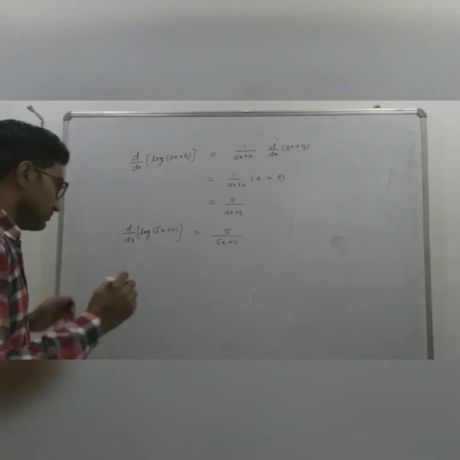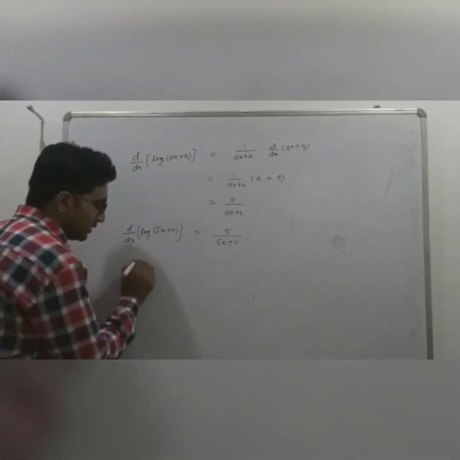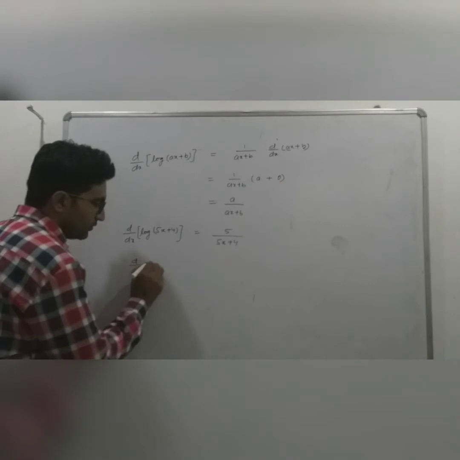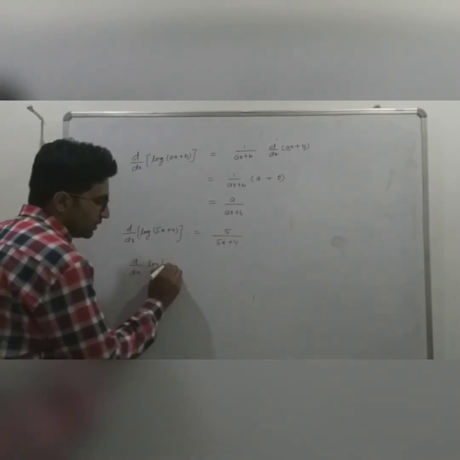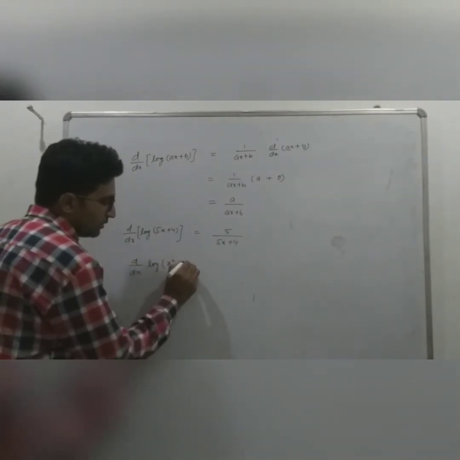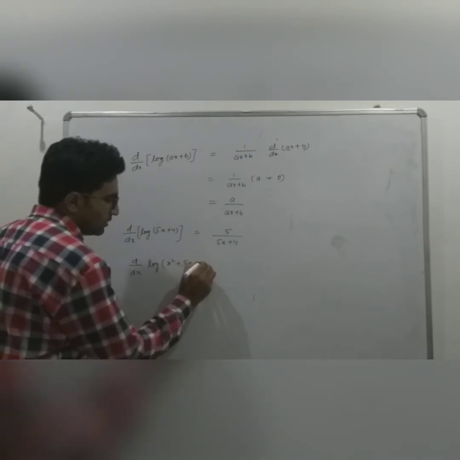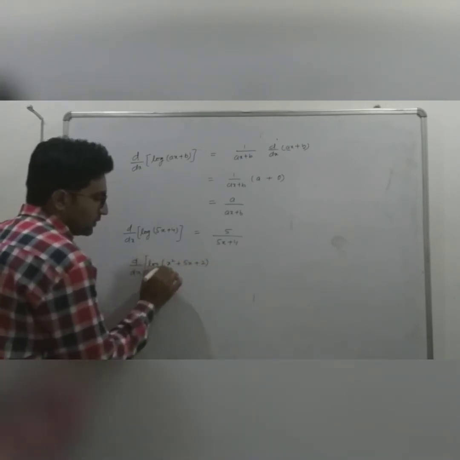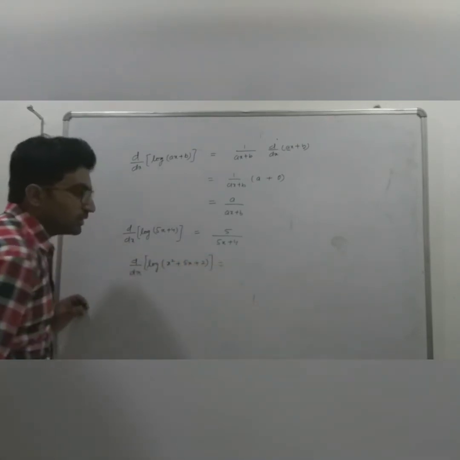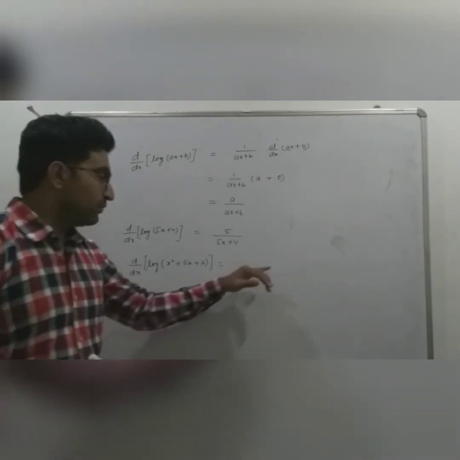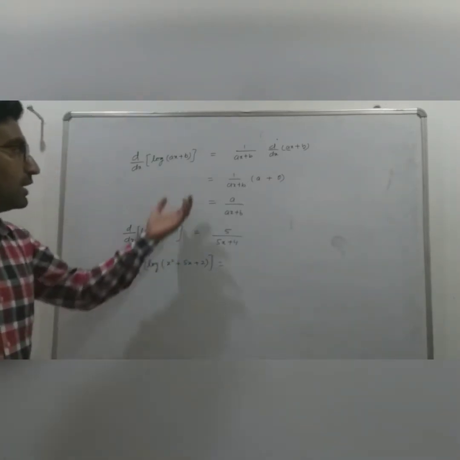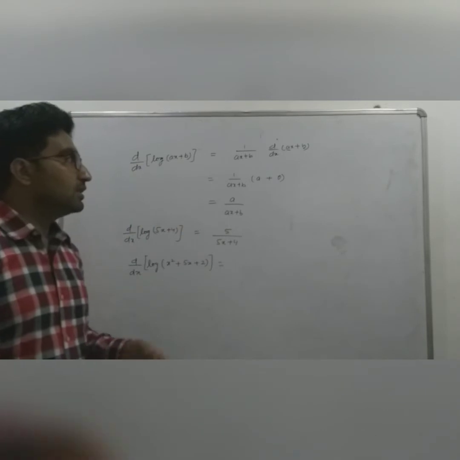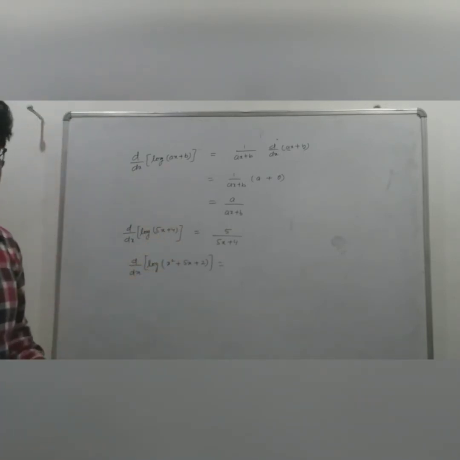Take another example. Suppose we have d by dx of log of x square plus 5x plus 2. If the question is given in this form, then what we will do first, as in the above case we have discussed, is solve the logarithmic function.